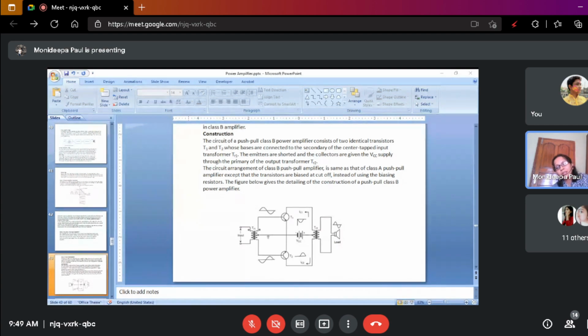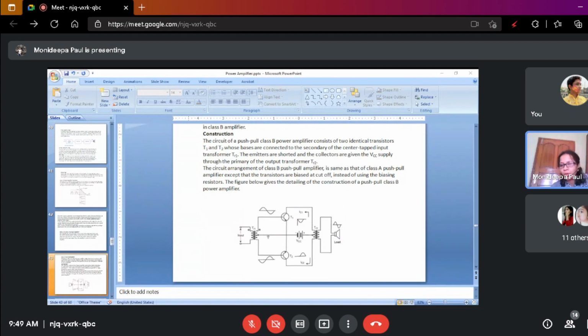Above the 0.7, the transistor can conduct. That means we make the transistor forward biased. During class A, class B, class C, different biasing, I think all of you studied in the first year the transistor configuration, what is transistor biasing, how we make the biasing condition.